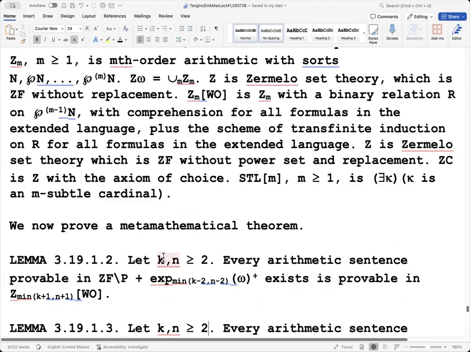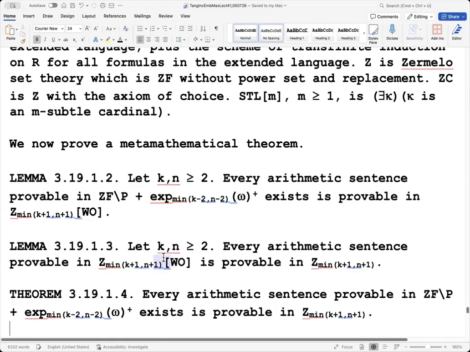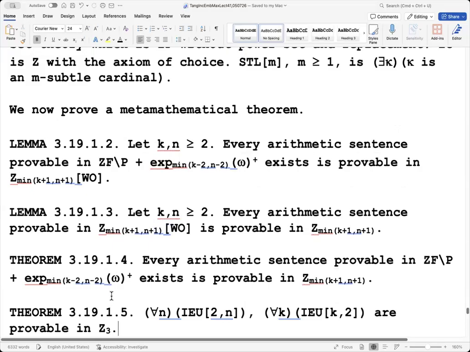Now, there is an issue here. Here's what I need. I'm going to be taking the proof which I give, which uses that iterated exponential cardinal, and I want to replace this with a proof in a formal system of a standard kind.